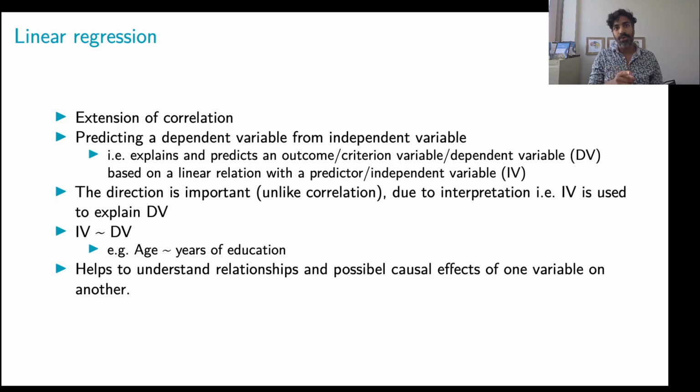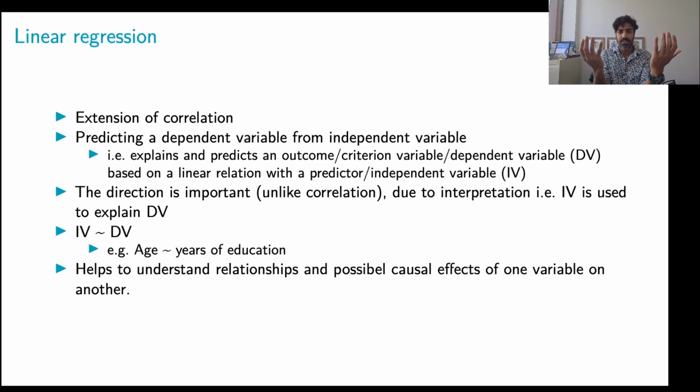Direction is important, unlike correlation, due to interpretation. So the independent variable is used to explain the dependent variable. And when I say direction is important, I mean in the sense of when you put it into the analyses. For a correlation, you could have variable A here, variable B here, and then you could also swap it around and it doesn't matter.